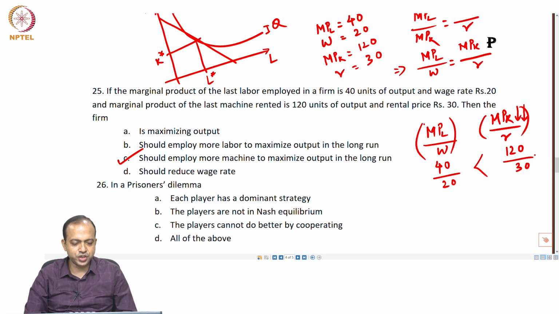In a prisoner's dilemma, each player has a dominant strategy. The players are not in Nash equilibrium. The players cannot do better by cooperating. All of the above.